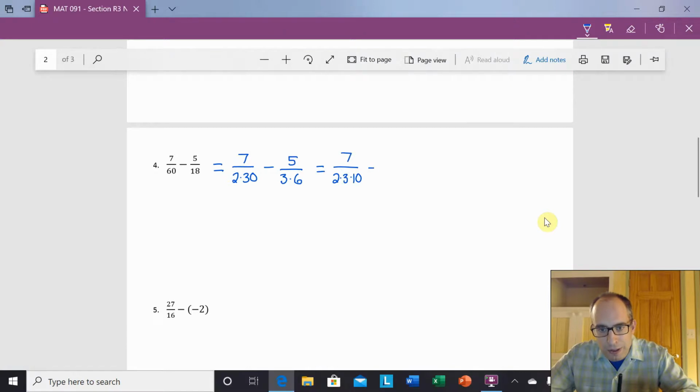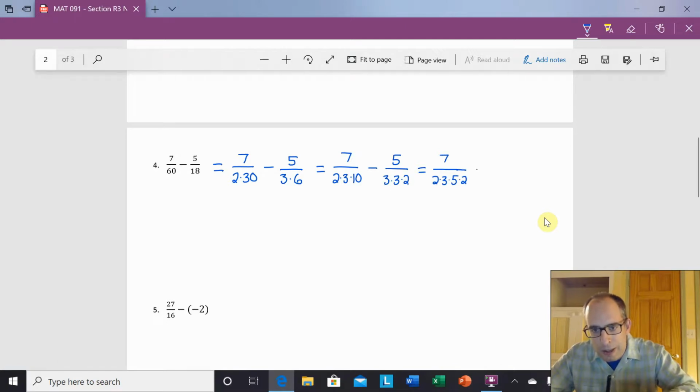And then in the other denominator, we could say, well, 6 is 3 times 2, so 3 times 3 times 2. And then that 10 in the first denominator, you could say, well, that's 5 times 2. And that would factor it all the way down. So 2 times 3 times 5 times 2.